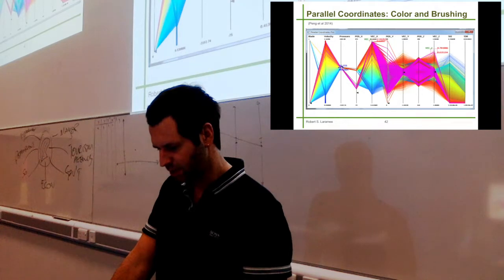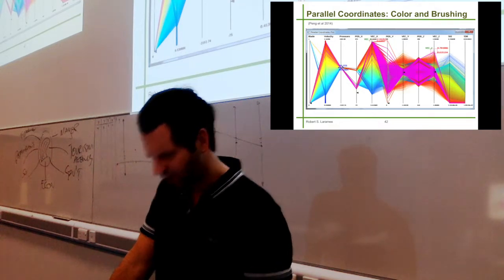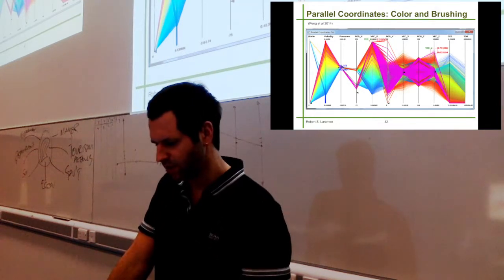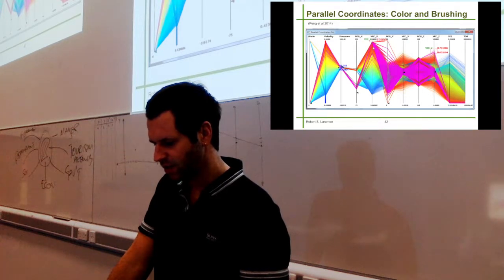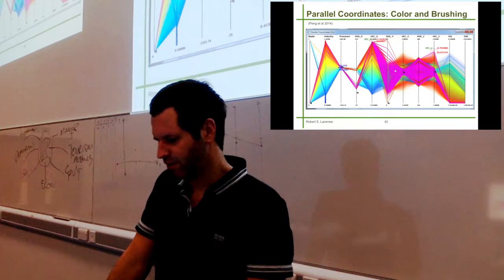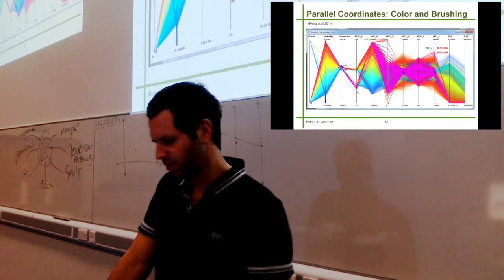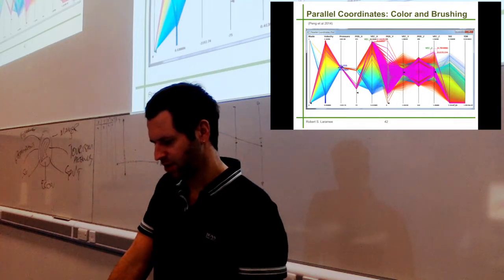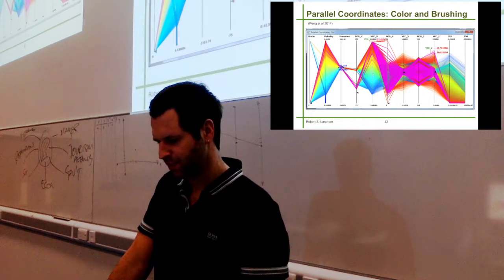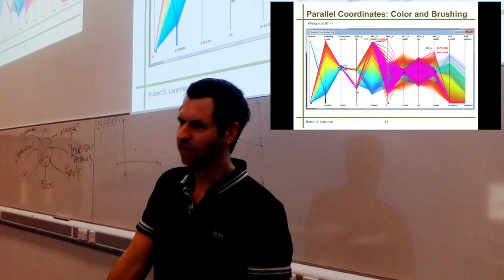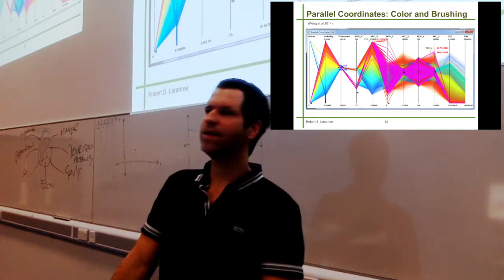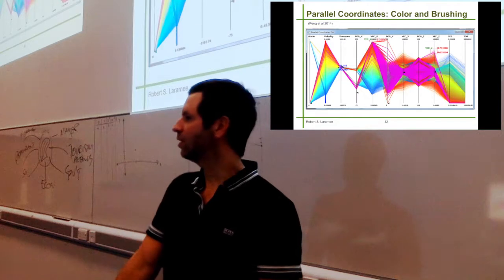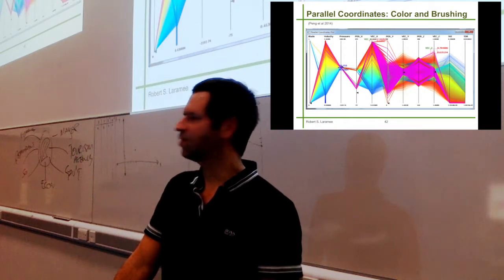In this example, a narrow range of polylines along the pressure axis has been selected, and they're colored in this kind of pink, or fuchsia or something like that. And you can see what happens to them when they connect to the other dimensions. So that's using a combination of colored polylines and brushing. Brushing just means subset selection.